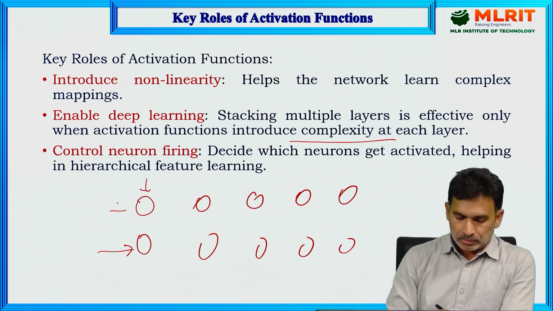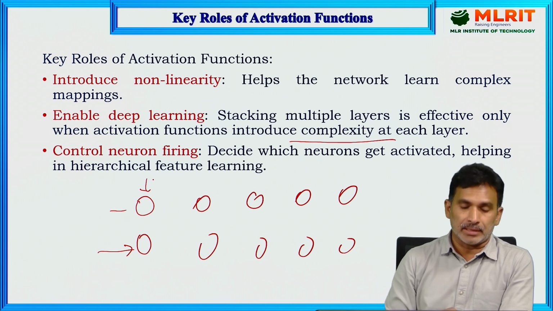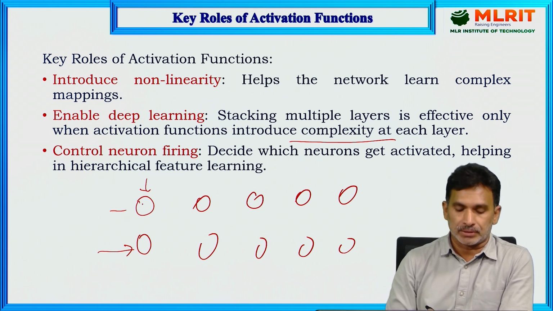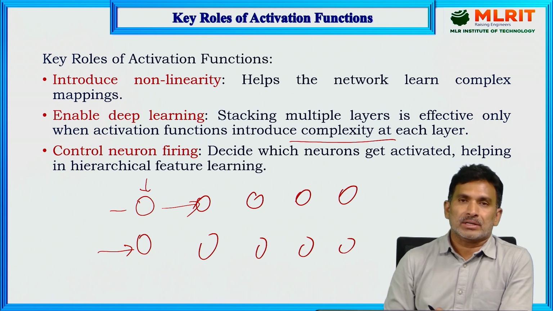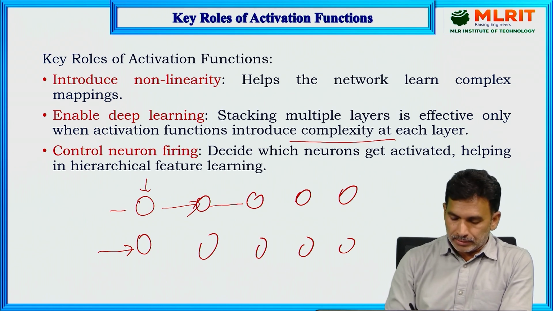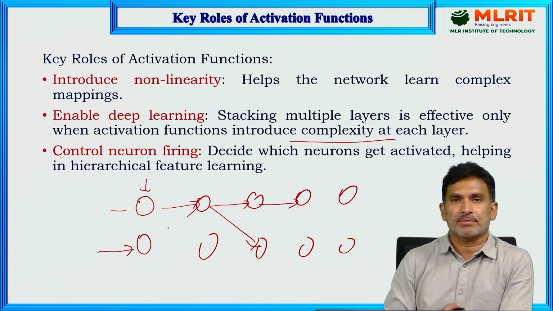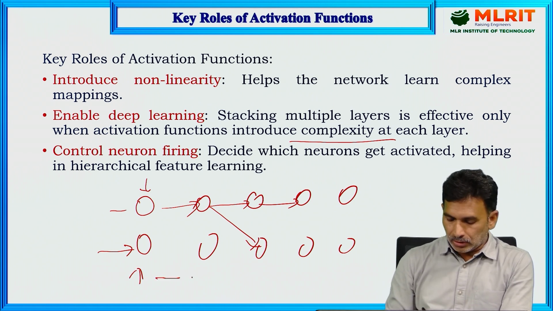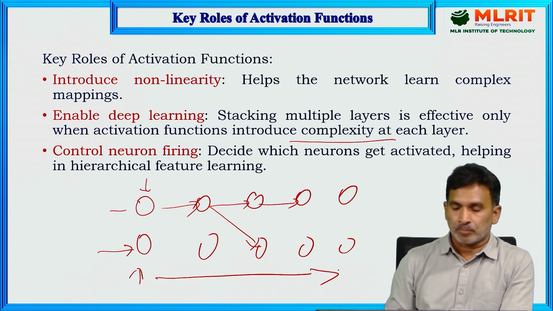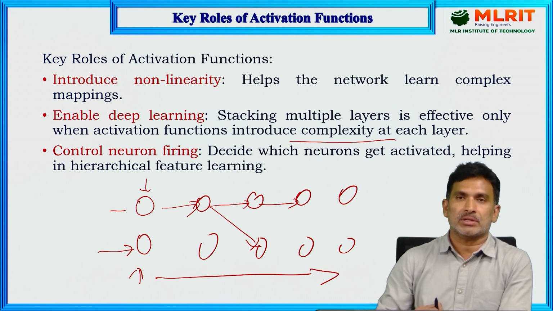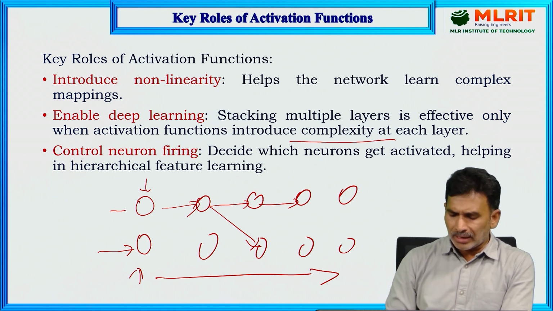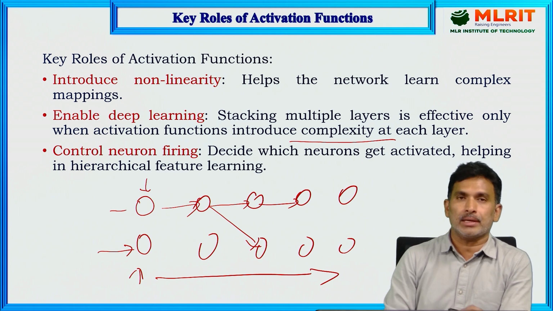The weighted sum of the inputs and the bias term is added and then passed to the linear activation function. All neurons have the linear activation function, and the information is propagated from this layer all the way up to this layer. Because it is a linear activation function, even if you stack multiple layers, there is not much difference compared to a single layer.